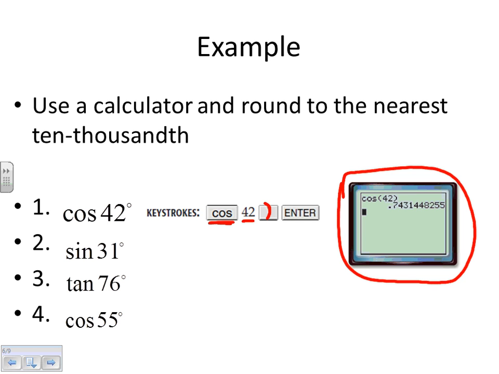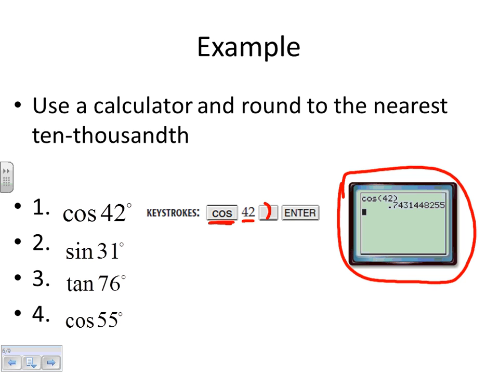It's the third one down. It will be blinking. Arrow to the right, so your cursor is on the degree, and hit enter. Now your degree should be highlighted. Hit second mode and try cosine 42 again. Okay, hopefully you get 0.743144825, and so on.